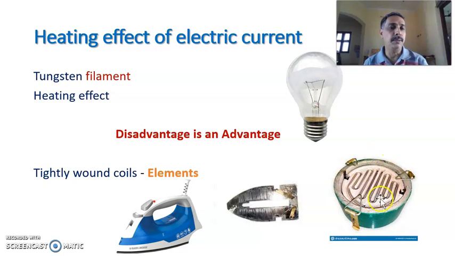Similarly, in this electric heating stove or the electric heater, the elements are heated, and the element glows, thereby producing the heat. So the heating effect is a disadvantage, but turned into an advantage.